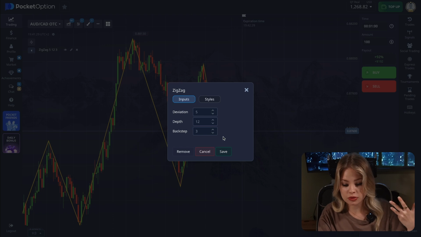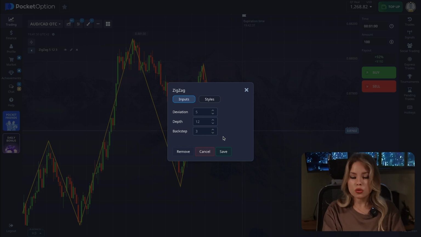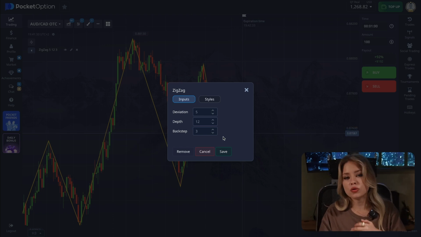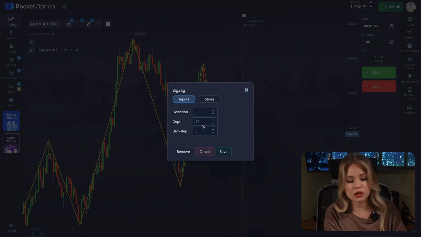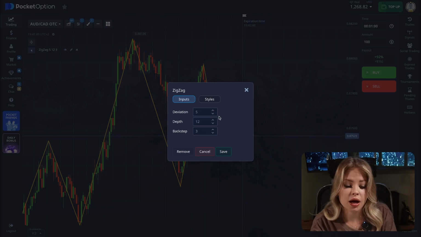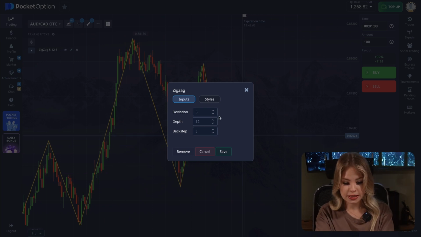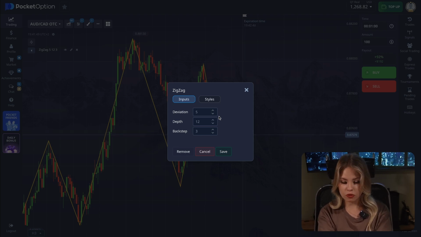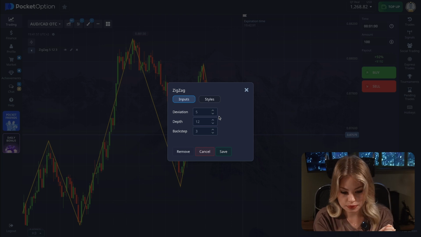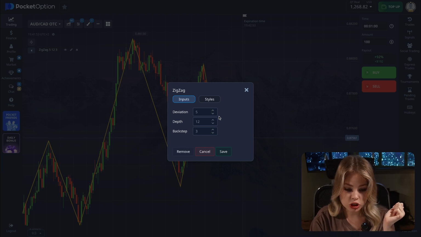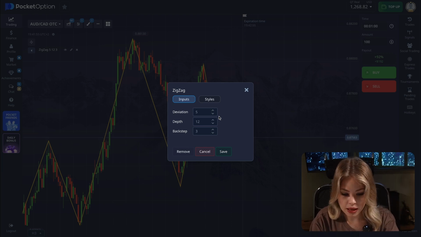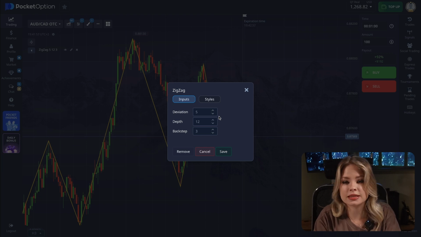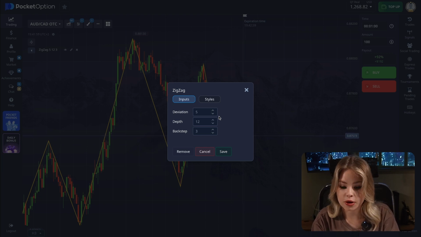And on the contrary, if you trade with low or medium volatility, then all these fields should contain numbers closer to 0: 1, 2, 3, 4, etc. So guys, let's switch to practice and see how this indicator works for me.